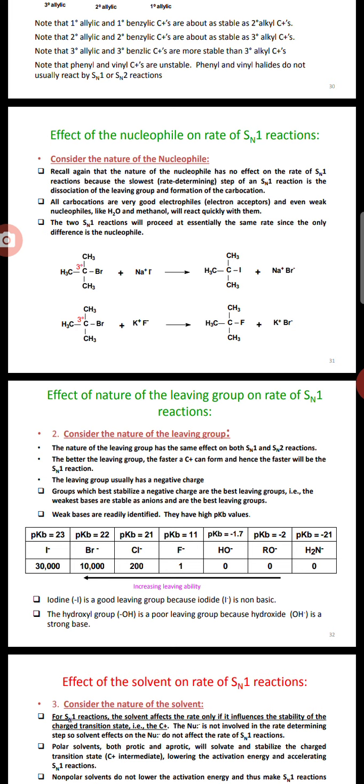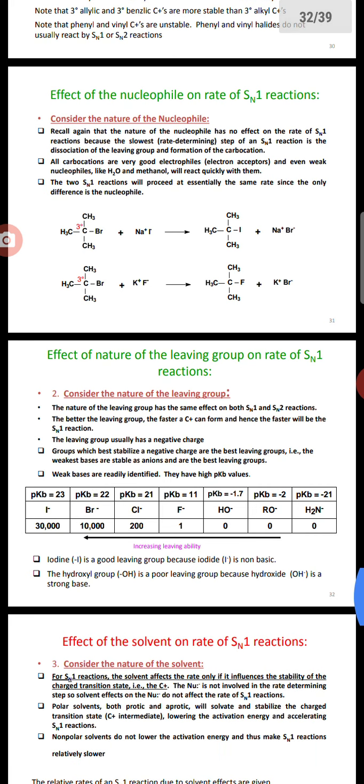Effect of the nature of the leaving group on the SN1 mechanism. The nature of the leaving group has the same effect on both SN1 and SN2 reactions. The better the leaving group, the faster the carbocation forms, hence the faster the SN1 reaction. The leaving group usually has a negative charge, and groups that best stabilize the negative charge are the best leaving groups.